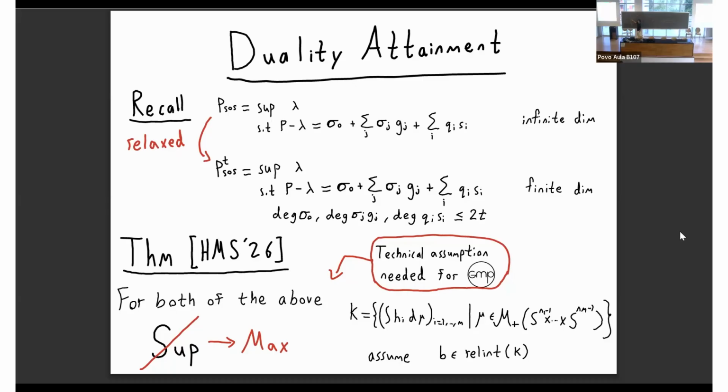First, there may be a gap between these two things. But also, since this is a sup and this is an infimum, we may have it be the case that the sup will not actually be attained by the problem. That means we have a sequence which reaches the supremum, but the final point is not feasible. There are already examples in one dimension where this happens.